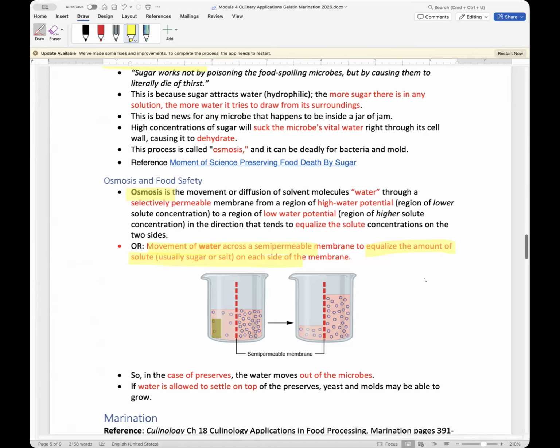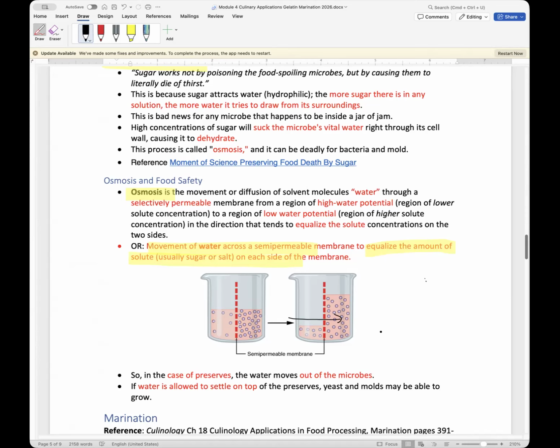On the outside of the fruit, it's water and a low concentration of sugar. What's going to happen is the sugar's too big to go through the semi-permeable membrane, but the water is going to transfer in. And you'll notice that the dots of the solute are the same on both sides. So the water will pass through a semi-permeable membrane.